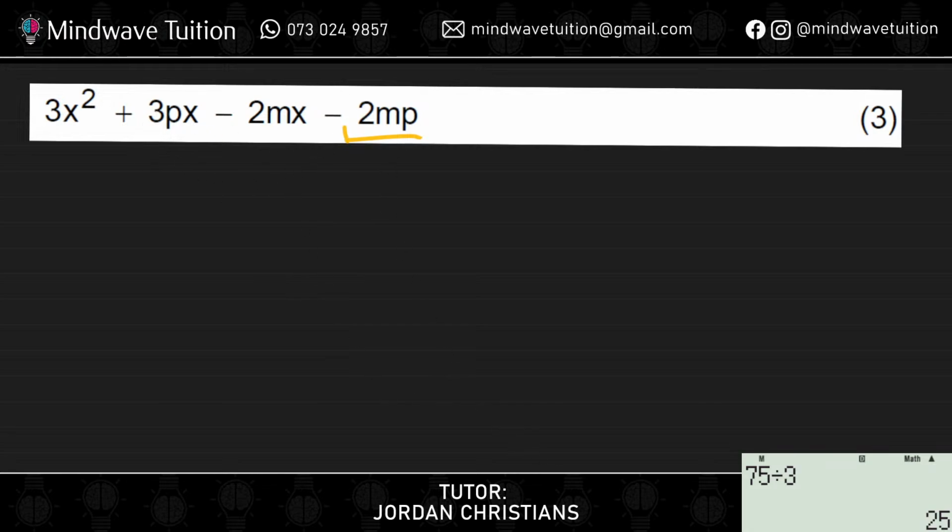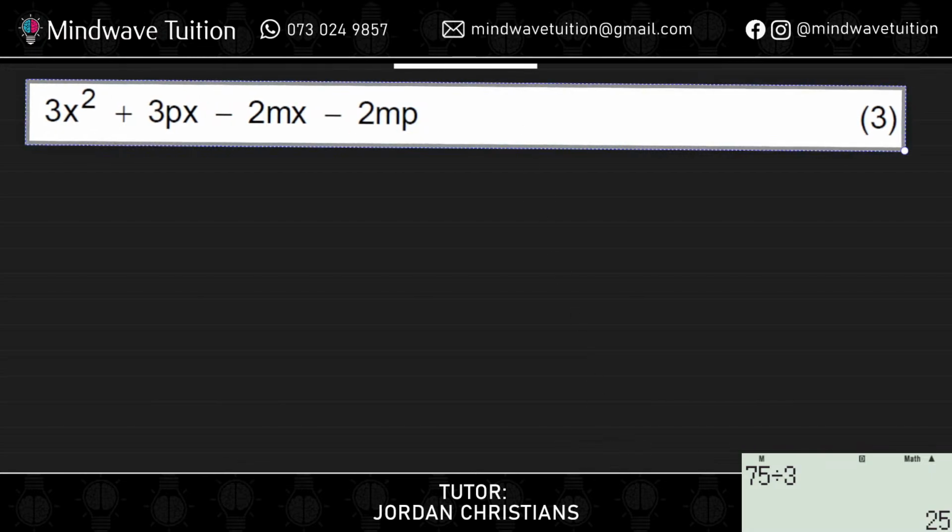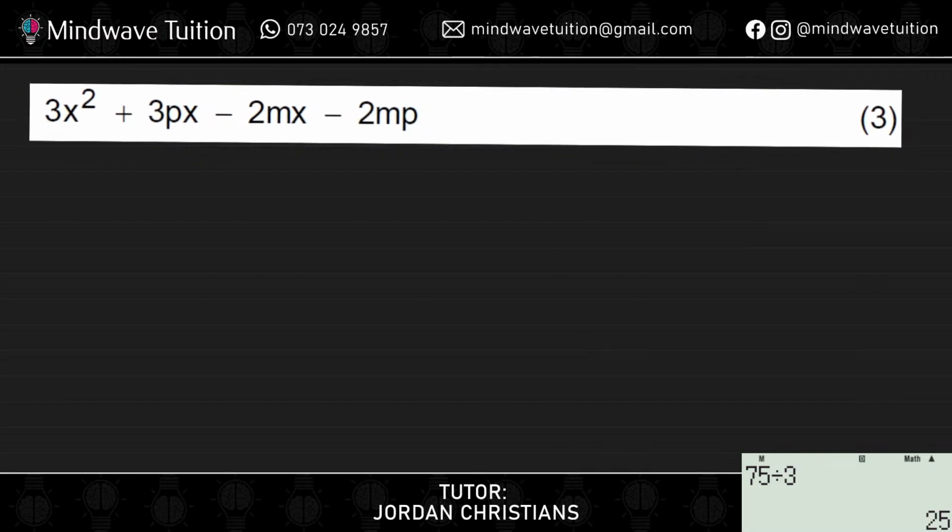You can, but you'll have to take out fractions, and none of us like working with fractions. So let's avoid that. So let's group 2 and 2, 3 and 3. So 3x squared plus 3px minus 2mx minus 2mp.